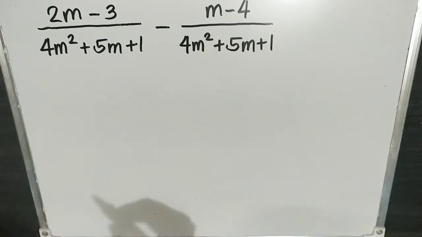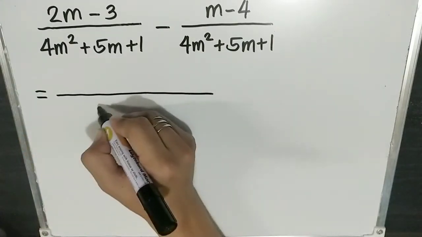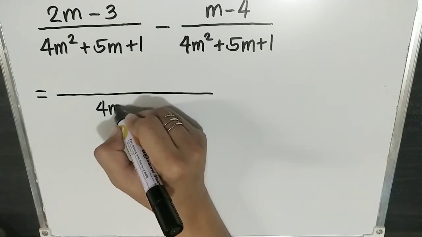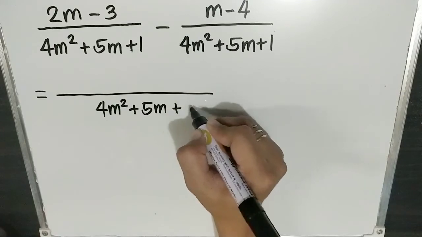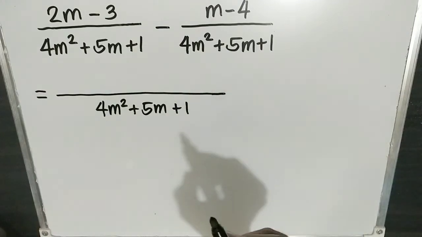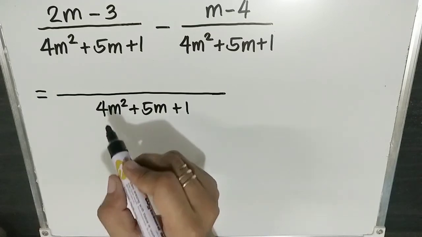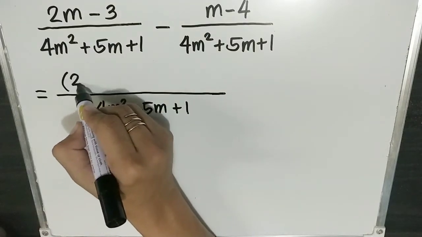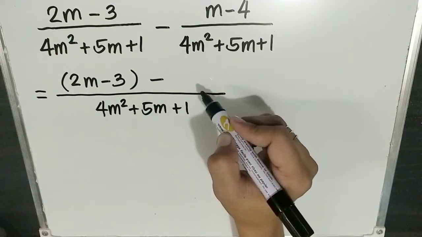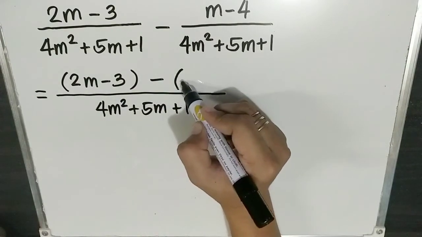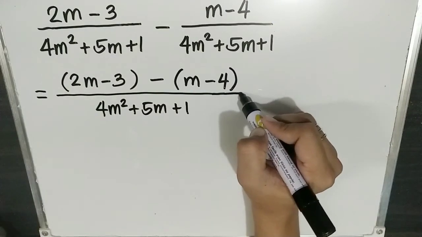The denominators are the same, so we will just copy this 4m squared plus 5m plus 1. Alright, then we have to subtract the expressions in the numerators. 2m minus 3 minus m minus 4. Okay.